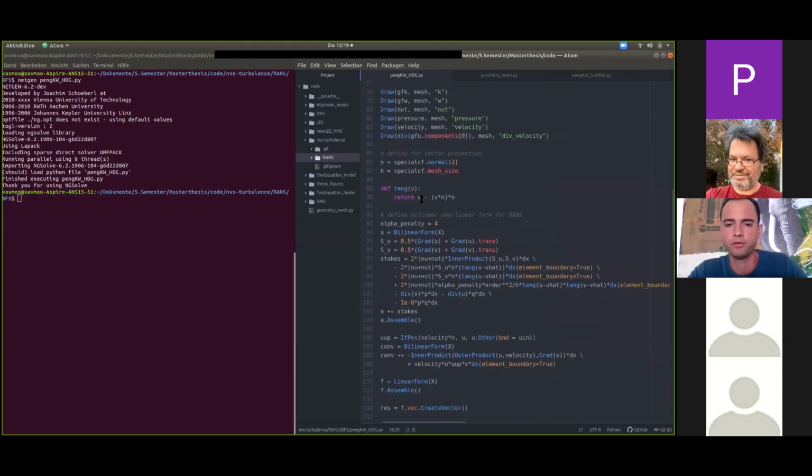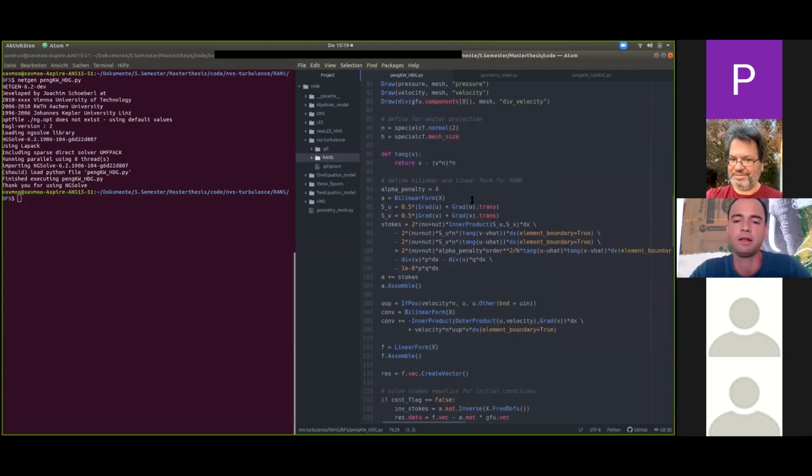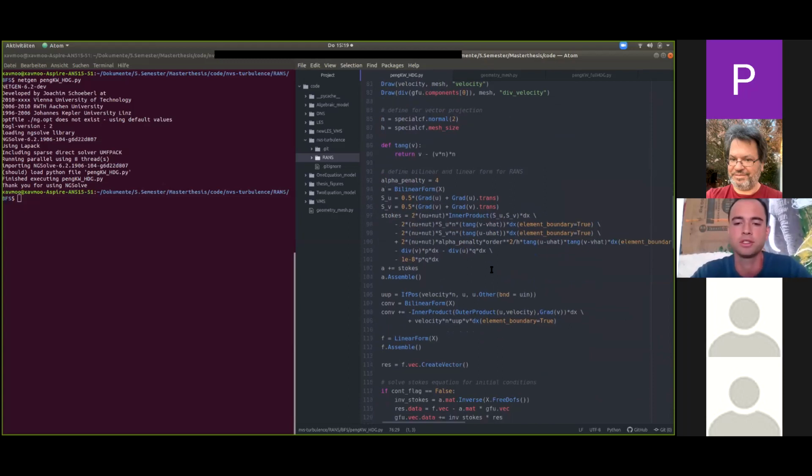Then we draw everything. And then we are finally able to define our bilinear and linear form for the Reynolds problem. Since we have this HDG formulation and we approximate U with piecewise polynomials on elements and additional polynomials on facets, and since by definition of this method we have a normal continuity, we need some extra term in order to force tangential continuity.